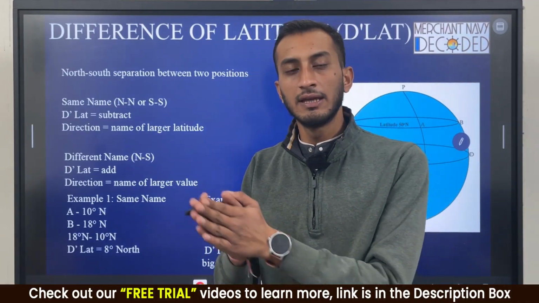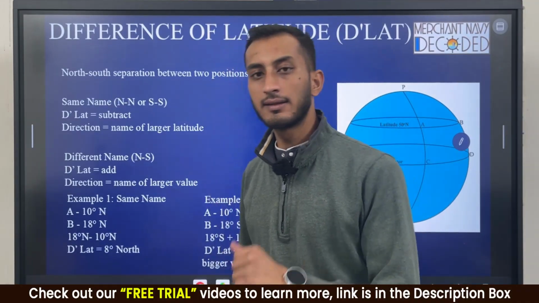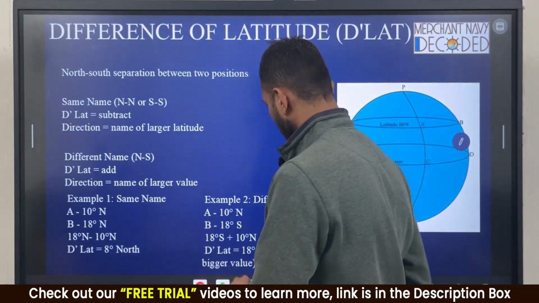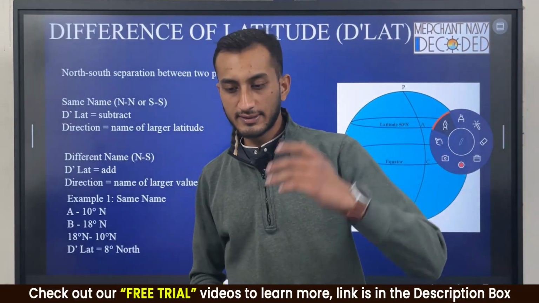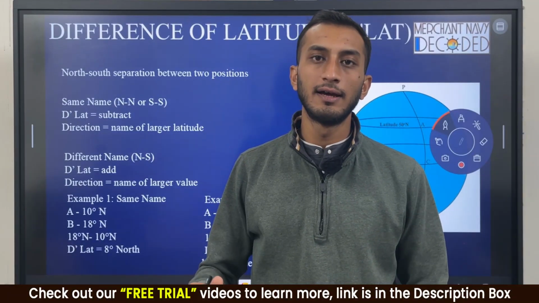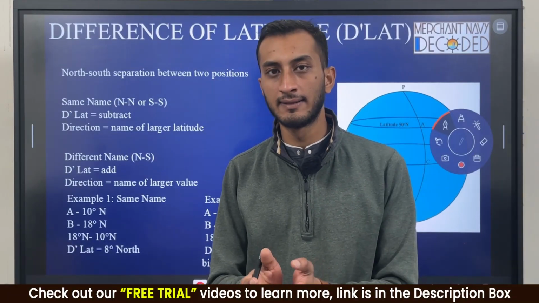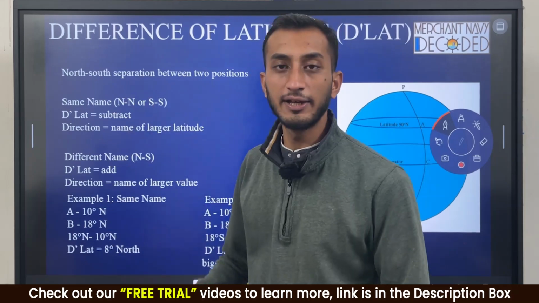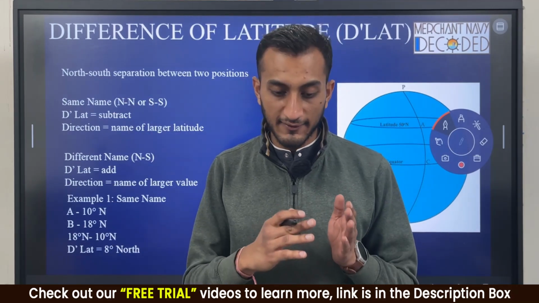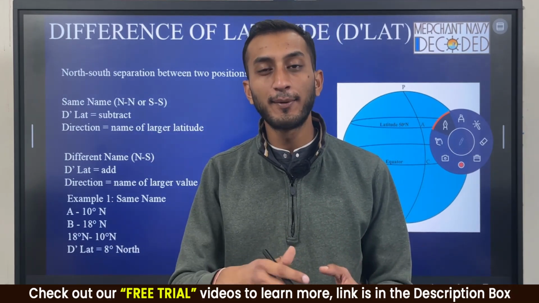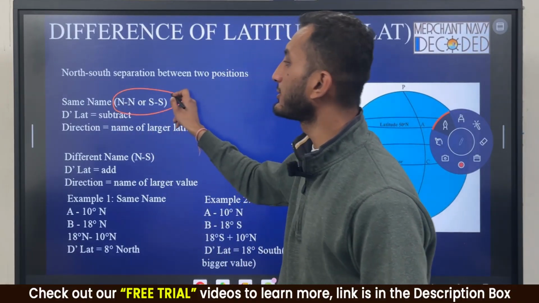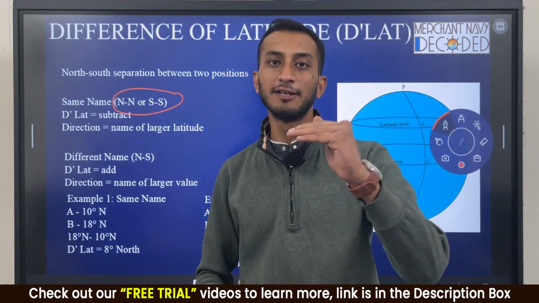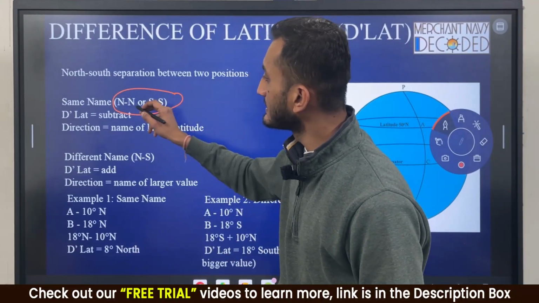This is the difference between the two latitudes, but this is where the game changes. In mathematics, when you talk about differences, you think about subtracting, but in difference of latitude, when we talk about difference, we also talk about adding. Why? When the names are same, when both the latitudes are in the same hemisphere, we subtract.